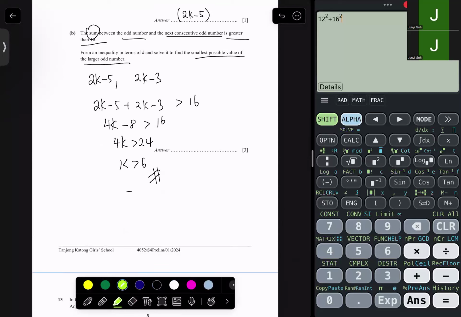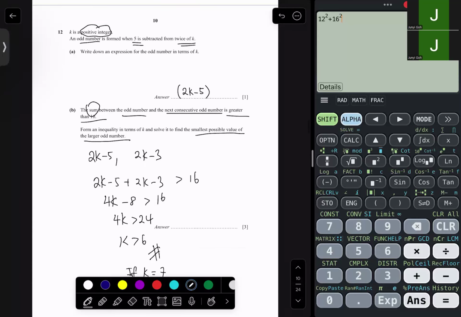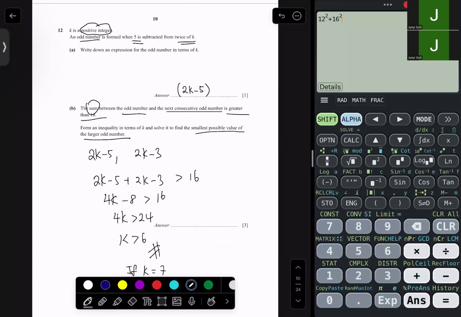Because the criteria is k must be greater than 6. So if k equals 7, then 2k minus 5 will be 14 minus 5 equals 9. 9 and 11, yeah. 9 plus 11, okay, so it's a criteria.